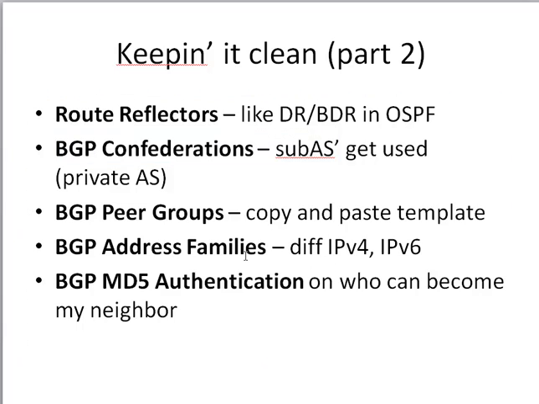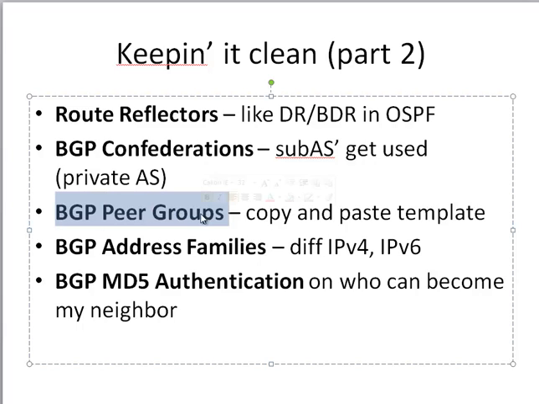BGP peer groups. Correct me if I'm wrong, but I'm pretty sure the CCNP version that I took really didn't mention anything about peer groups. But I've noticed a lot of companies do use this. It's basically like a template. I create a set of configurations and say I want these certain parameters for a particular peer.